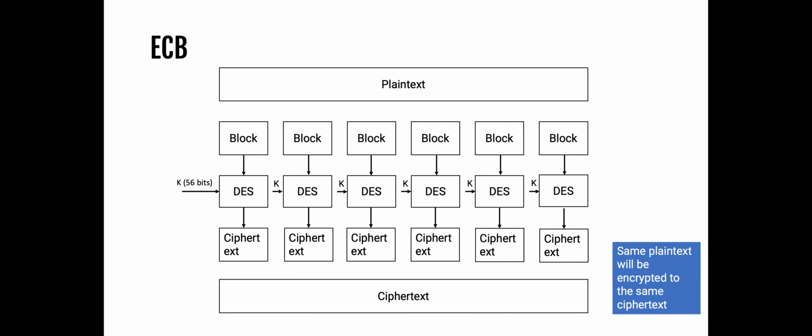This ECB has maybe a property, maybe an issue, that the same plain text will be encrypted to the same ciphertext. Because if there are two blocks and they're the same, they experience the exact identical operations, so they will come up with the same ciphertext.